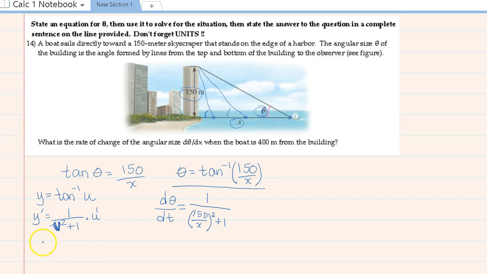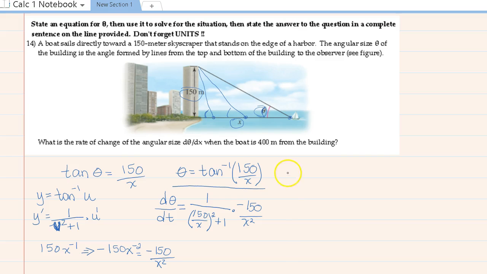So let's take a look at that. So 150 over x can be written like this. So when I take the derivative of that, we're going to have negative 150 x to the negative 2, or negative 150 divided by x squared. So we need to multiply this times a negative 150 over x squared.